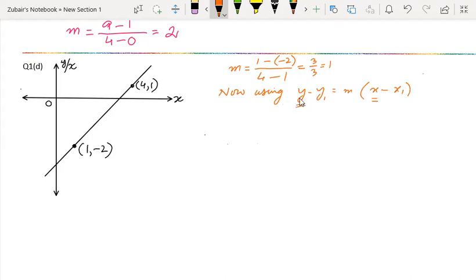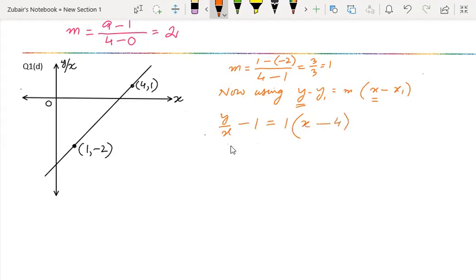So instead of y, we will use y upon x minus y1. Y1 is, we can pick any one of the points. So we pick 4, 1. So the point is 4, 1, and what is the gradient? 1. X is x. So x will remain x minus 4.